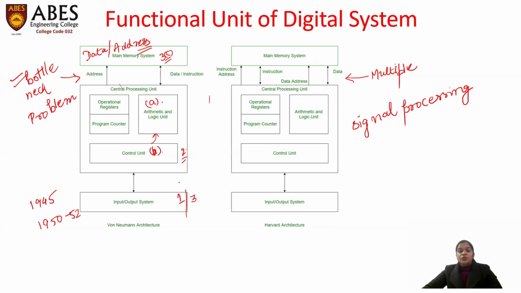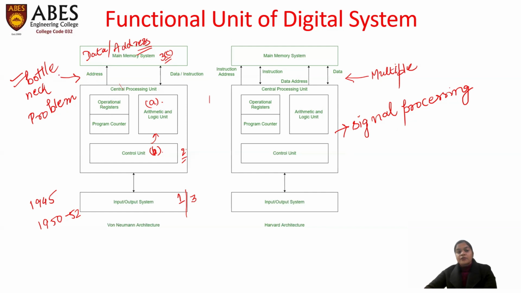So these are the two types of digital system architecture which have been derived from the functional units component, but due to their advantages and disadvantages, Hardwired architecture is currently used for signal processing, and von Neumann architecture is used for system designing. Although it has the bottleneck problem, we have bypassed this problem in physically architecting or designing the system.